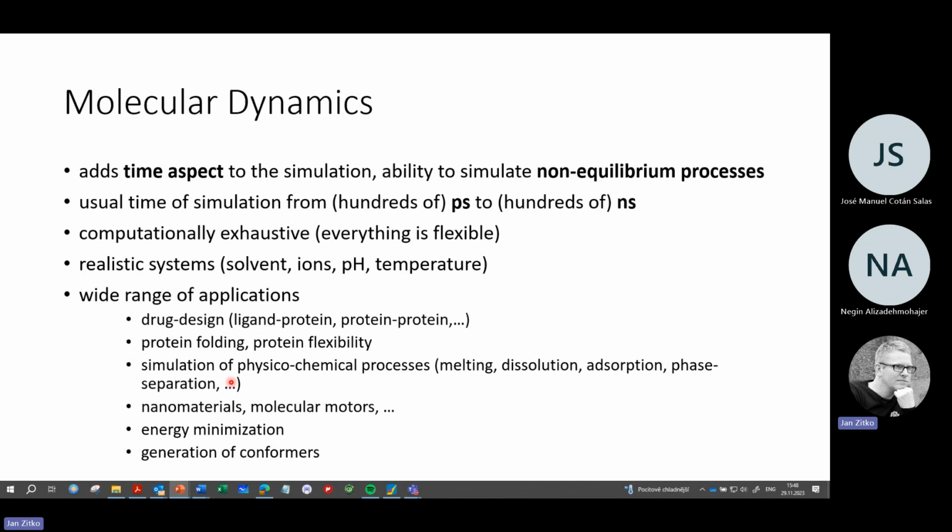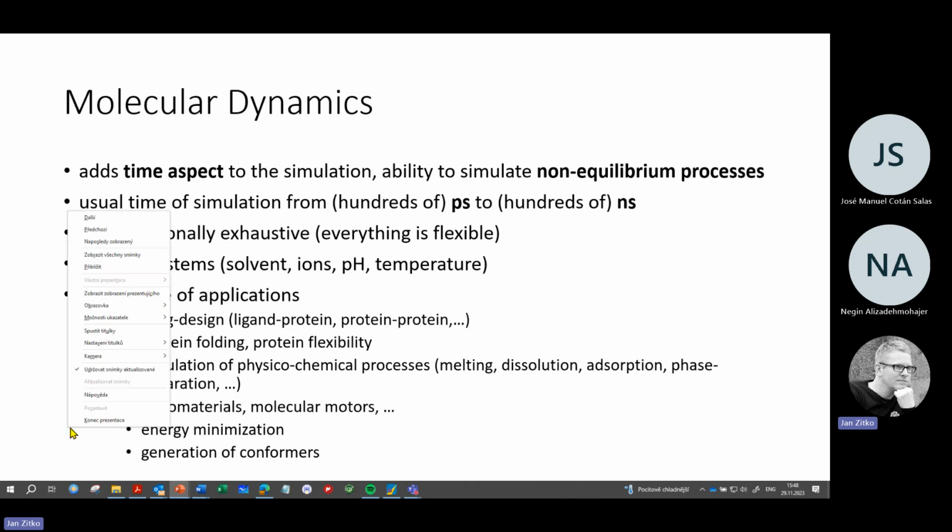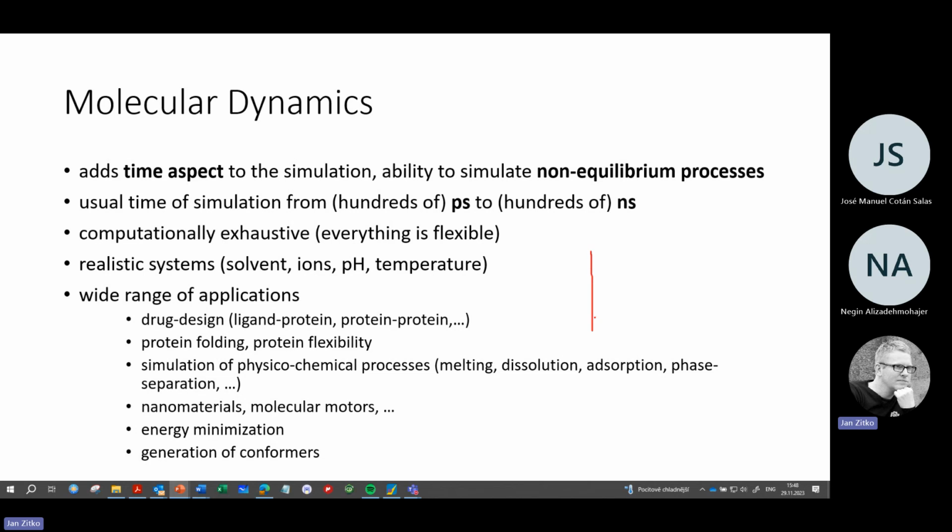So you prepare a system where you have two separated phases. Let me try to draw it. You prepare your system in a way that in the top half you have the octanol and in the bottom part you have the water. Then you put your molecule of interest, your compound, equally into both spaces. Let's say we have 5 molecules in this.